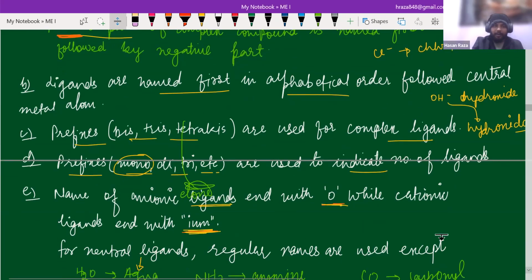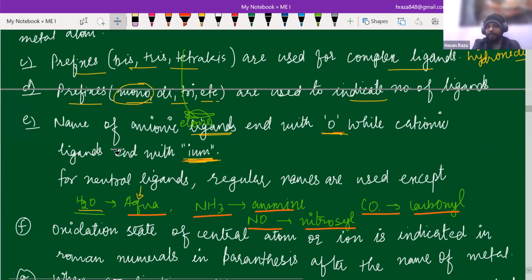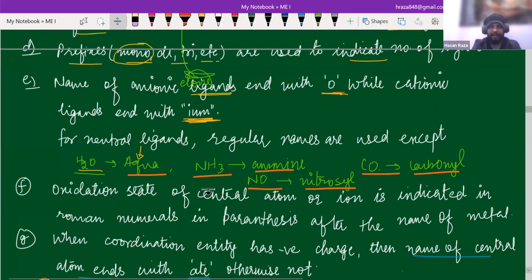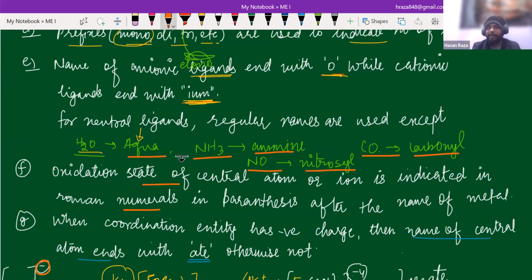The oxidation state of the central atom or ion is indicated in Roman numerals. After writing all the names of the ligands, you are going to write the name of the central metal atom. But before writing the name of the central metal atom, just look at the square bracket. If there is a negative charge on the square bracket, then the name of the central metal atom ends with ate.